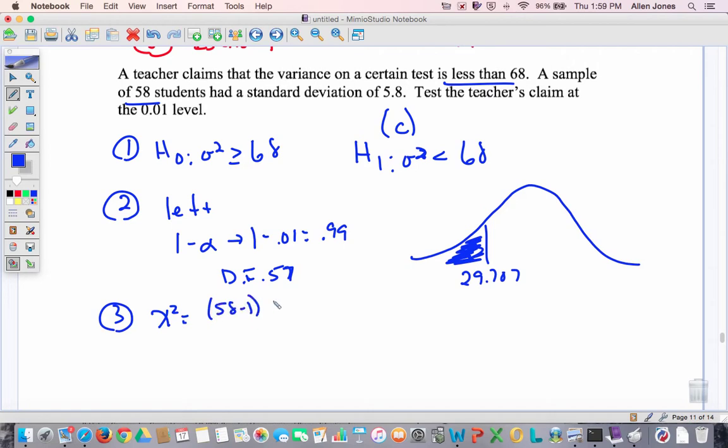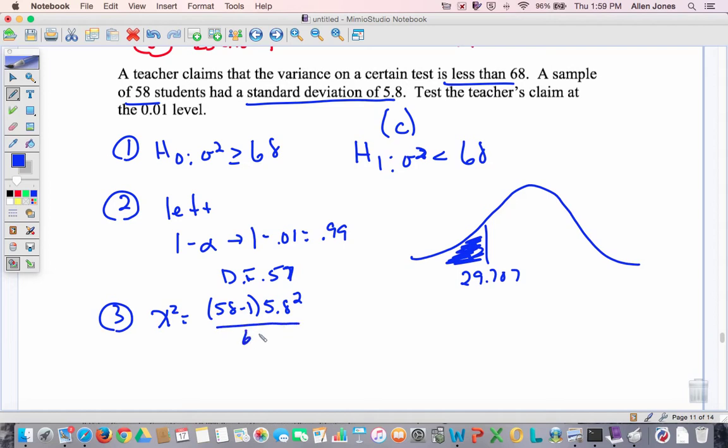We'll move on and calculate our test value. Our sample size is 58 minus 1, multiplied by our sample variance. I need to backtrack on that. My sample standard deviation is 5.8. So notice it's standard deviation.